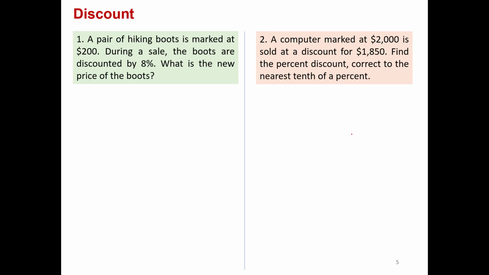During a sale, the boots are discounted by 8%. What is the new price of the boots? Now we have 8%. Then first we need to calculate what amount corresponds to 8%, yes? And then we can find the new price.